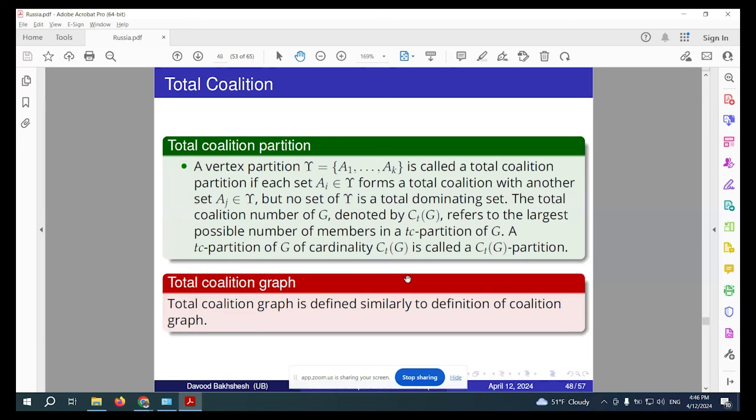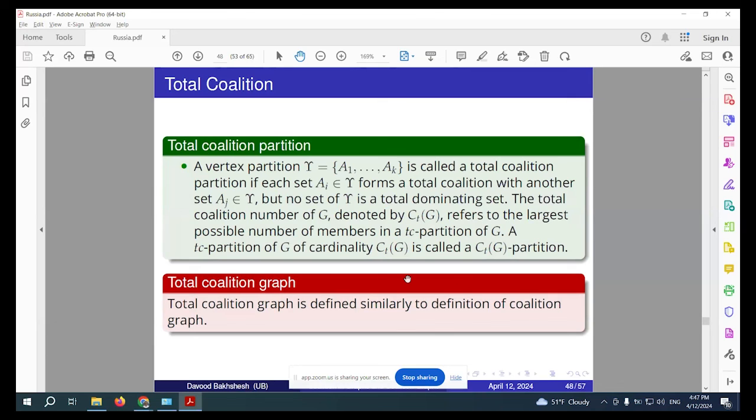And according to the definition of total coalition, a total coalition partition is defined as a vertex partition epsilon with members A1, A2, ..., AK, called a total coalition partition if each set Ai forms a total coalition with another set Aj, but no set of epsilon is a total dominating set.